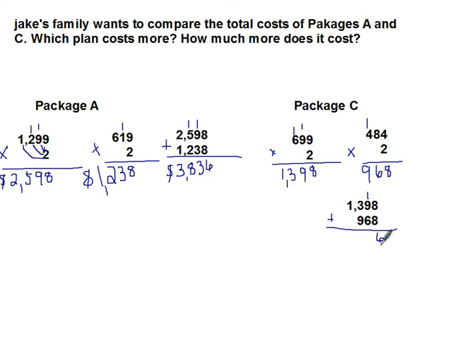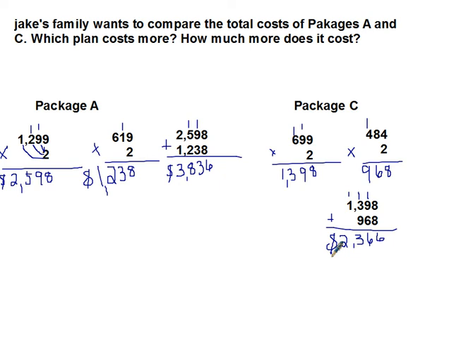Okay, 9 plus 6 plus 1 is 16. So I put the 6 there and carry the 1. 9 plus 3 is 12, plus 1, 13. And then 1 plus 1 is 2, so $2,366 for package C.